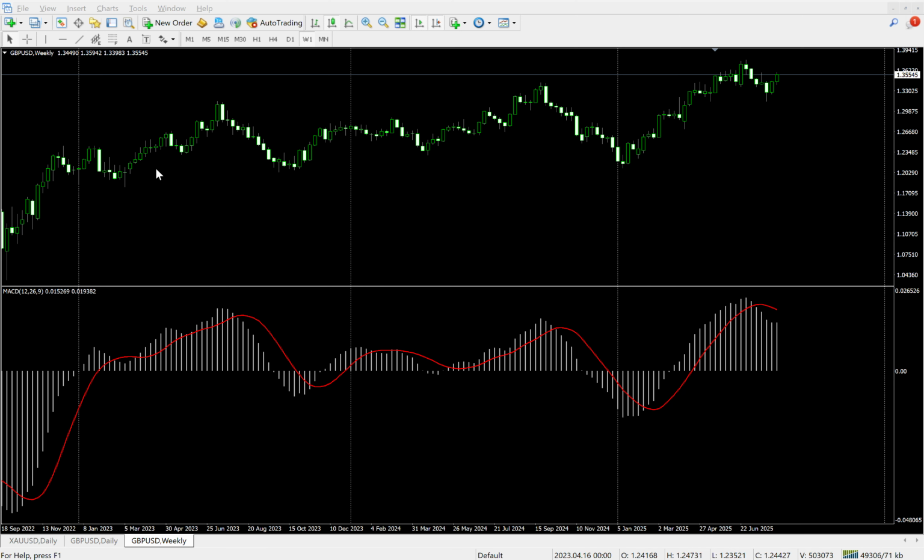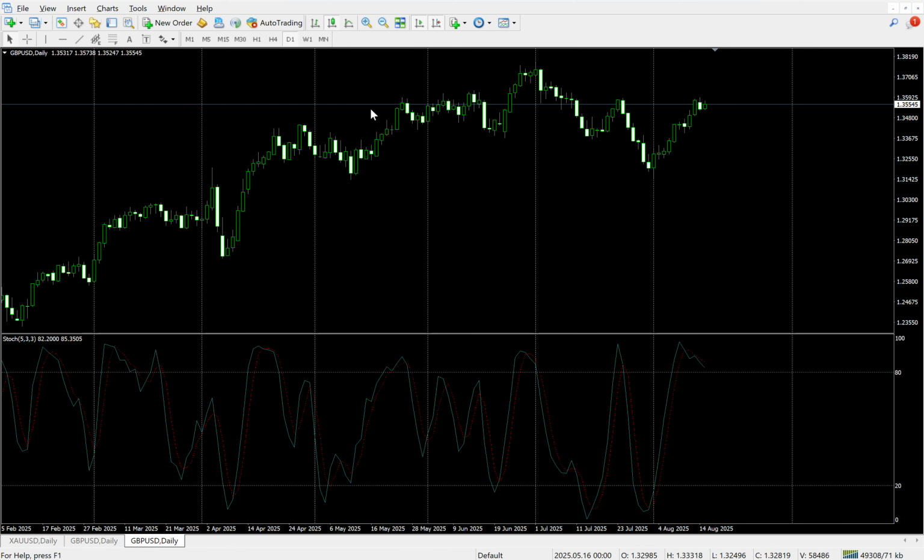On the weekly chart, we need to insert the MACD indicator with the parameters 12, 26, 9. And the second screen is the daily time frame, where we will determine the correction of the move toward the global trend that we already identified on the weekly time frame.